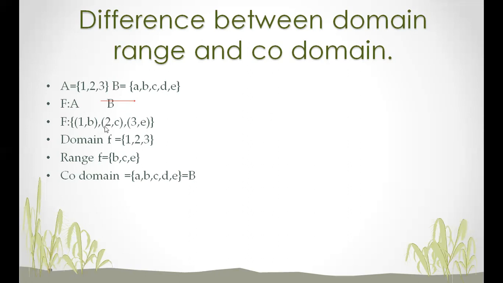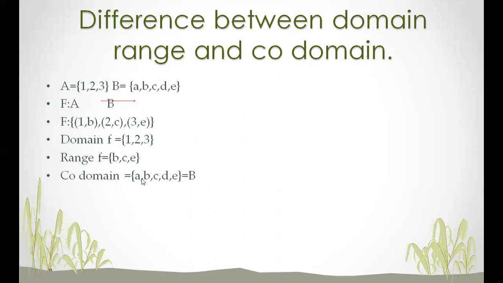Range is the set of all those elements which are the images of our domain, for example B, C, E. Here you note one thing: not all the elements of B become the range. Range may be B, but not in every case is it equal to B. So the range is {B, C, E}.